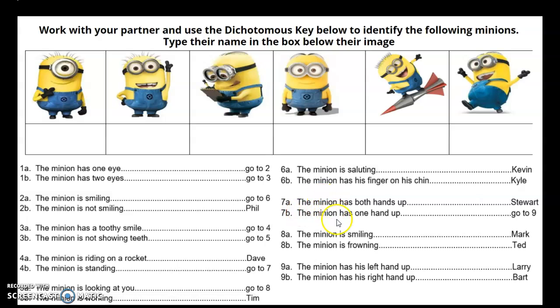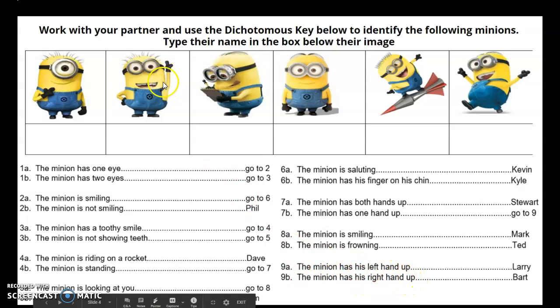I read my 2 statements. The minion has both hands up, or the minion has 1 hand up. Based on this second minion's observable trait, he has 1 hand up. Okay, so that's 7B, and it tells me to go to number 9. So I skip 8, I go to number 9. The minion has his left hand up, or the minion has his right hand up.